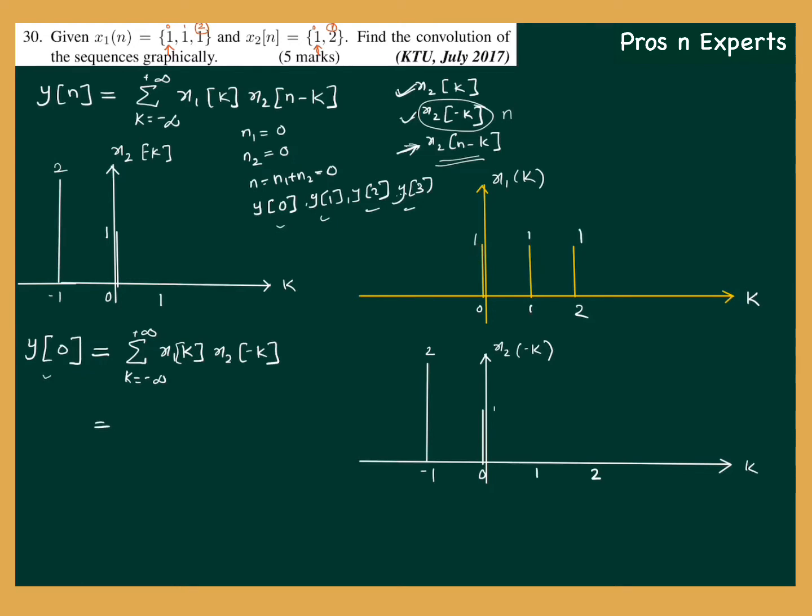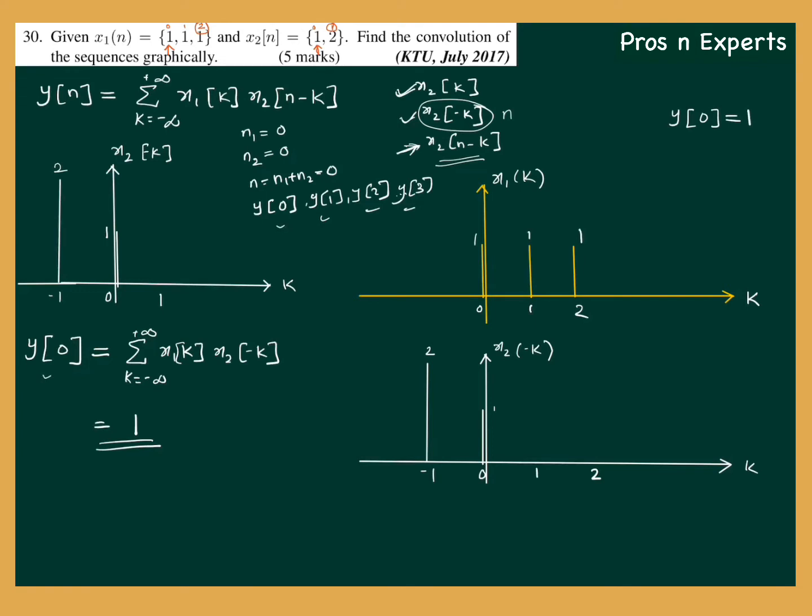Here the amplitude is 1, here it is 1, so 1 into 1 is 1. There are no other samples to summate. The summation is valid only if you have multiple samples as the product. So here the answer is 1. So we got y of 0 equal to 1. I can write it somewhere for the final consolidation. y of 0 equal to 1.